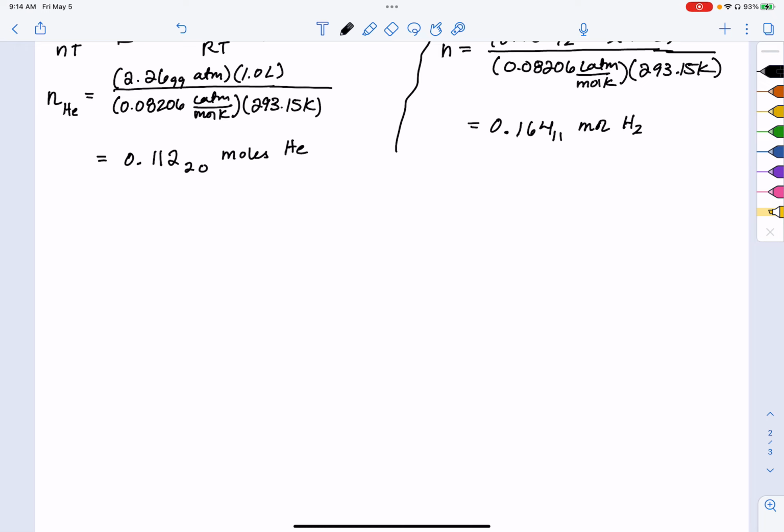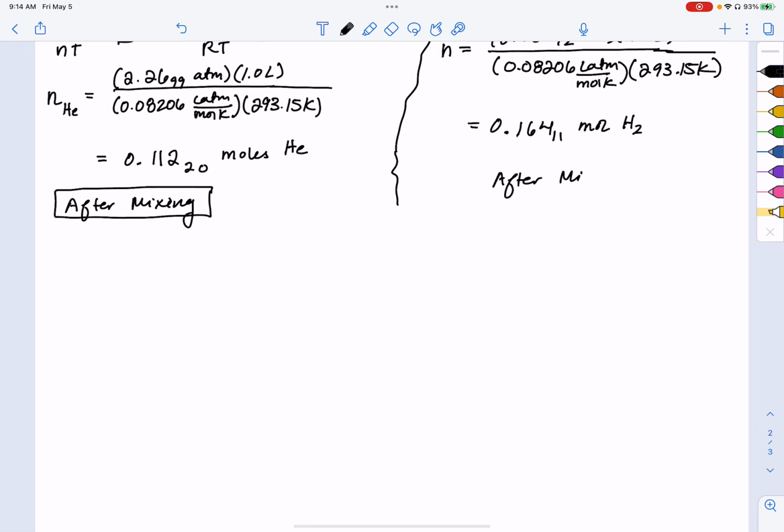I need to figure out the pressure after mixing for my helium and my pressure after mixing for my hydrogen.